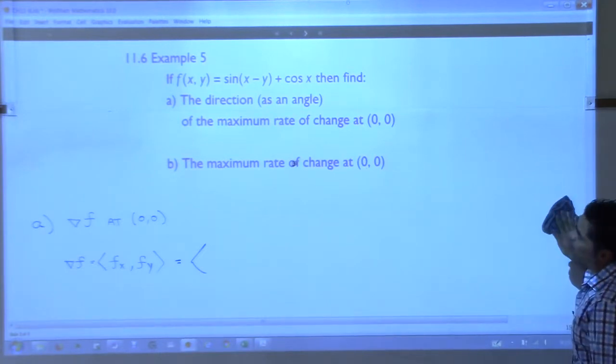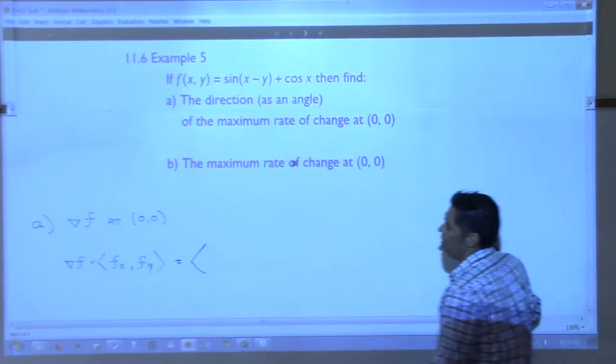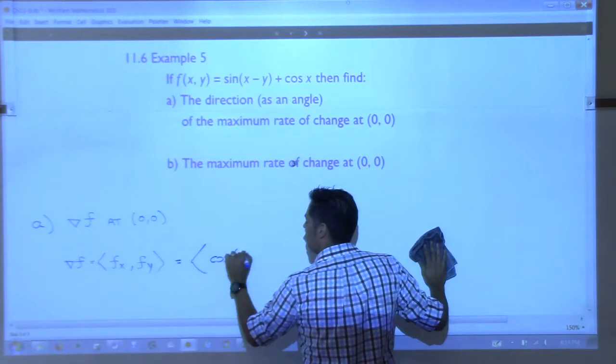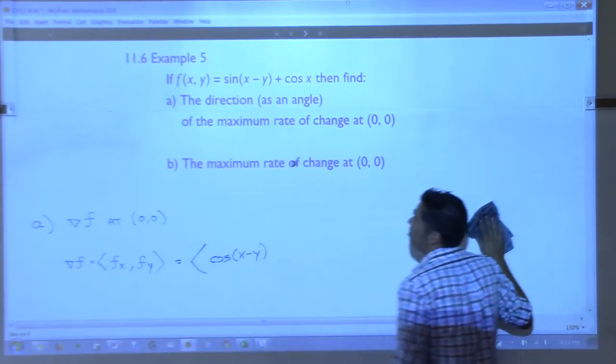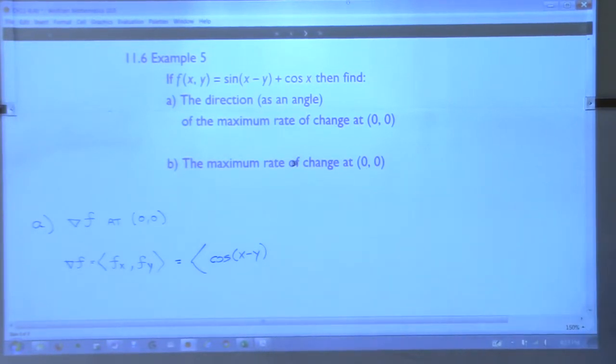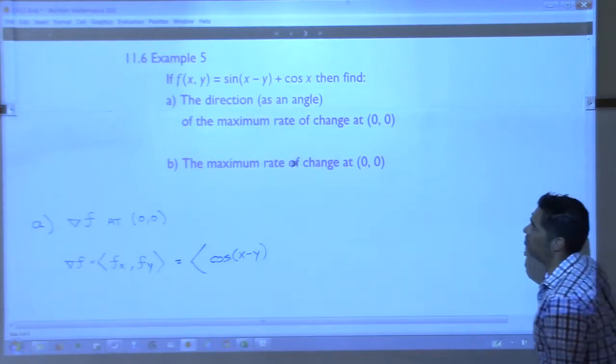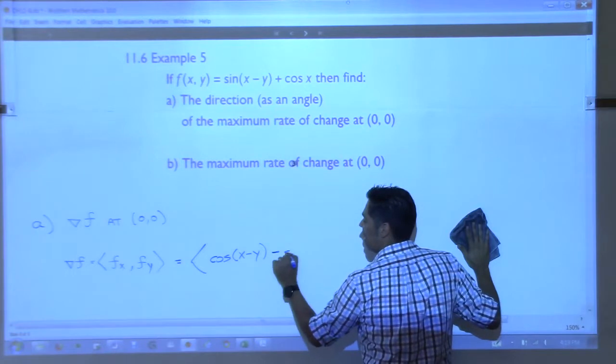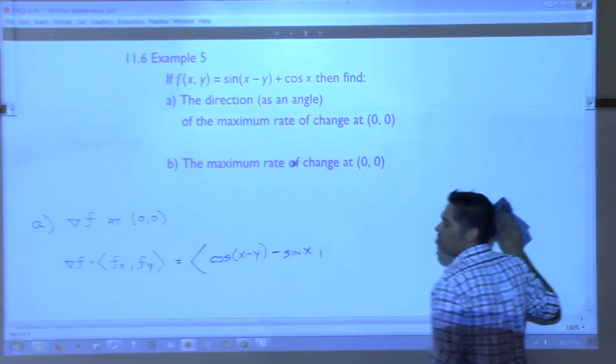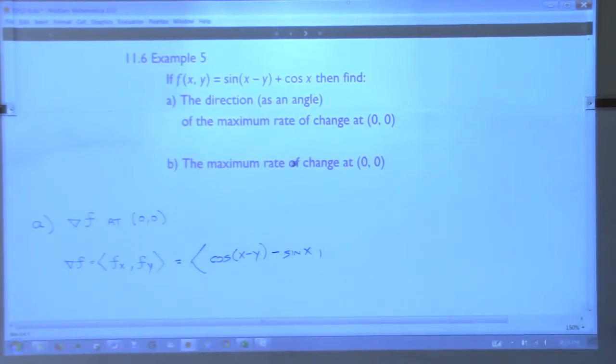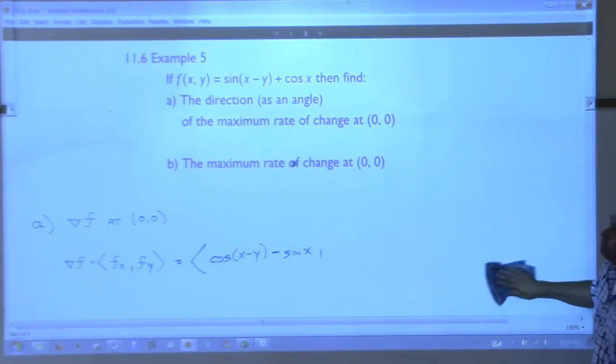Partial of f with respect to x: the derivative of sine of something is cosine. And then what's the derivative of what's inside with respect to x? Just 1, right? Plus the derivative of cosine of x with respect to x, which is negative sine x. That's the partial of f with respect to x. Now, what's the partial of f with respect to y?